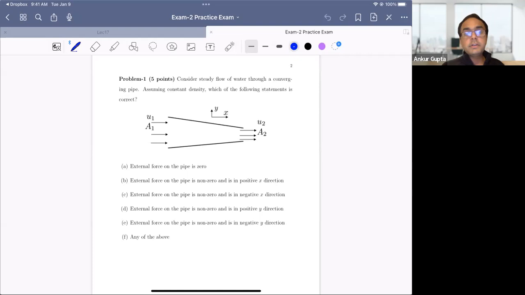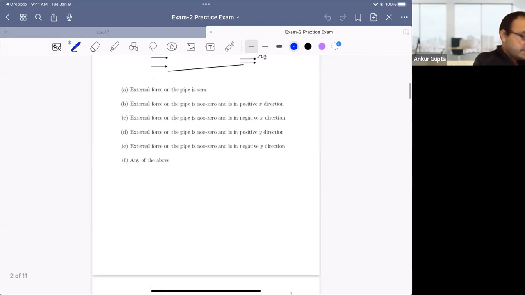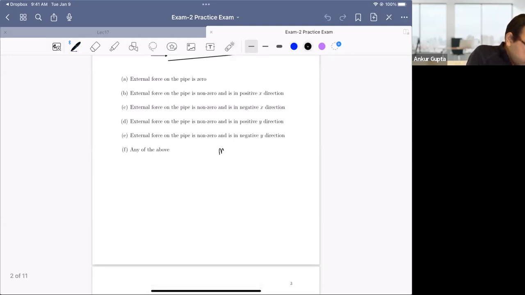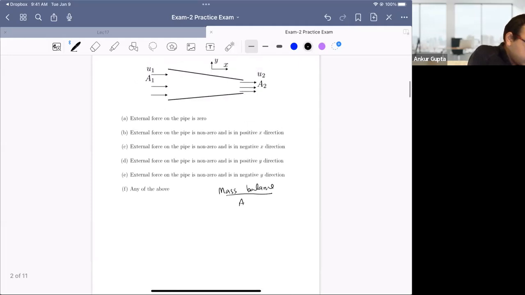So clearly, this is a question of mass balance and momentum balance. We have done these kinds of problems in class, and you have done many of them in homework as well. So let's begin. I'll just do it in case you're refreshing the material. From mass balance, for constant density, over the control surfaces, V dot N dA is equal to 0.